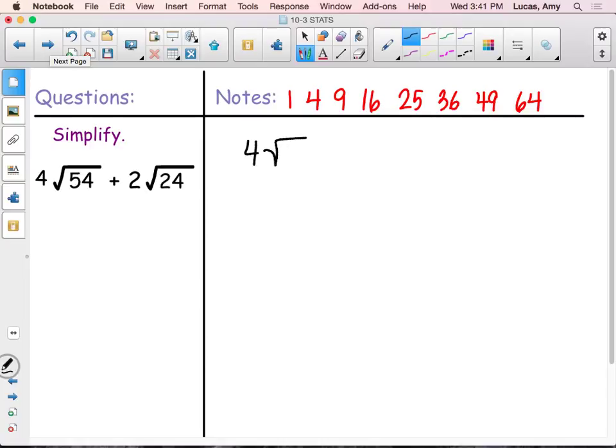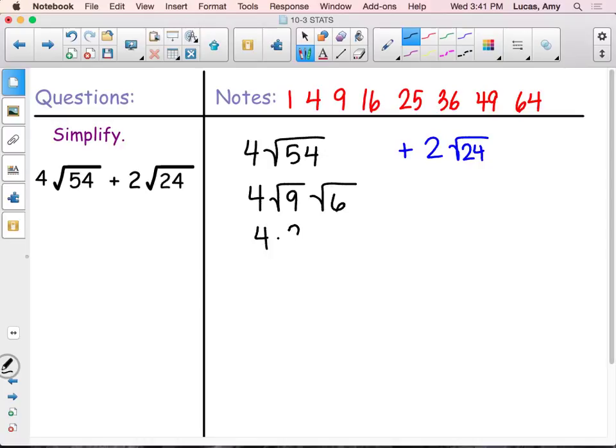So 4 times the square root of 54, and I've got 2 times the square root of 24, and they both need simplifying. The square root of 54. The biggest perfect square factor for 54 is 9. 9 times 6. The square root of 9 is 3. 4 times 3 is 12. So 12 times the square root of 6 is simplest radical form.